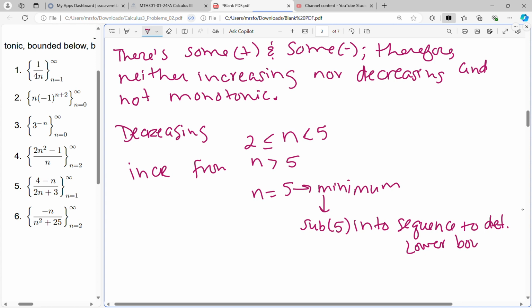So I'm going to say negative 5 over 5 squared plus 25, which is negative 5 over 50, which is negative 1/10. That is the lower bound.